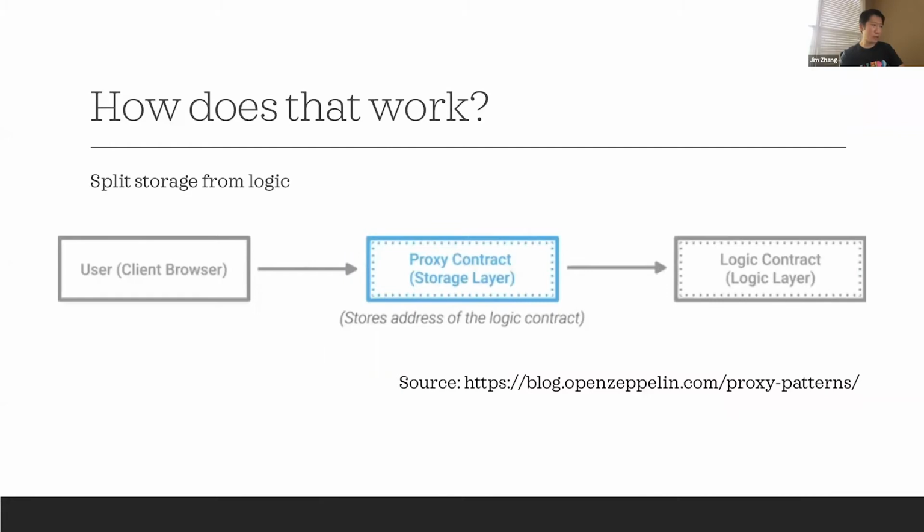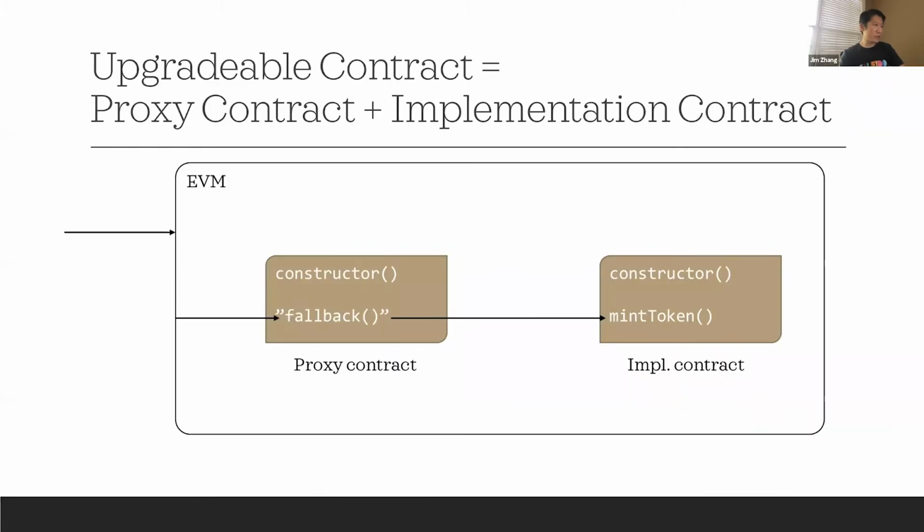So this is the basis of how the proxy of the upgradable contract pattern works: the proxy contract is the one that implements the fallback. Why this is necessary is that it allows the proxy contract to support any function calls. Since the fallback is the one that gets called when nothing else works, the proxy contract can say, I can take care of any function call, feel free to throw at me any request.